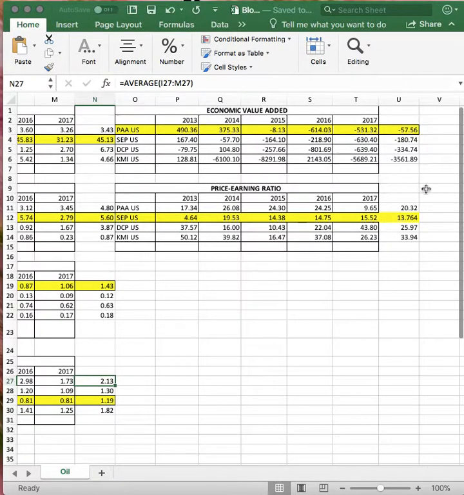All of the companies here had negative values, with PAA being the highest at negative 57.56, and KMI had an extremely low economic value added at negative $3,561.89. So PAA's is the best because it is the closest to zero, which would be the break-even point for the required return of the company's shareholders.